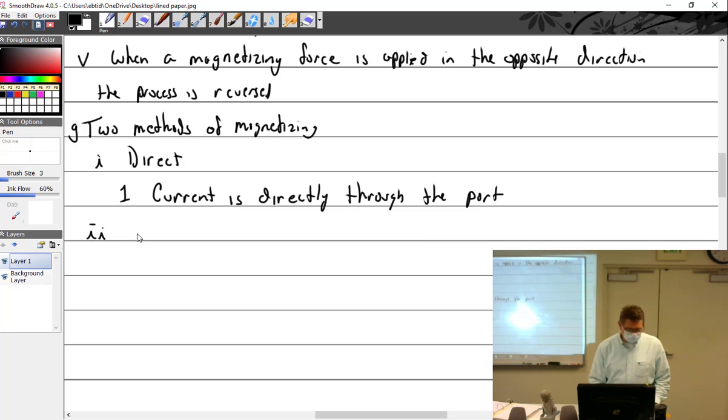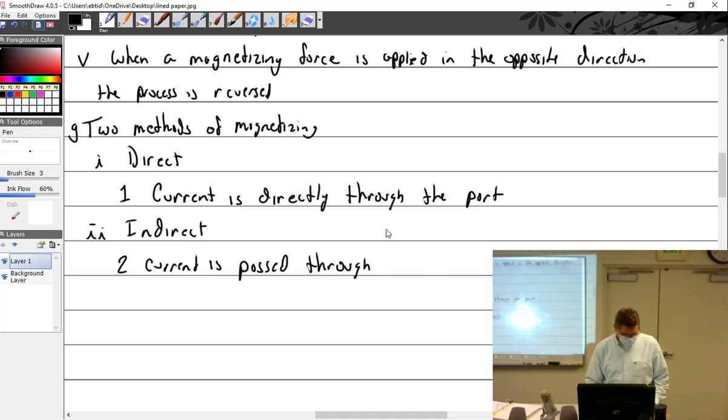Or two, indirect. This is where current passes through a coil. Current is passed through a coil that creates a magnetic field that is then induced into the part.